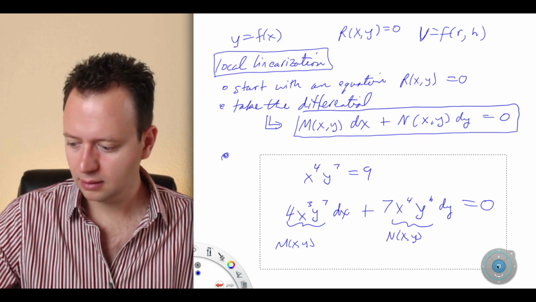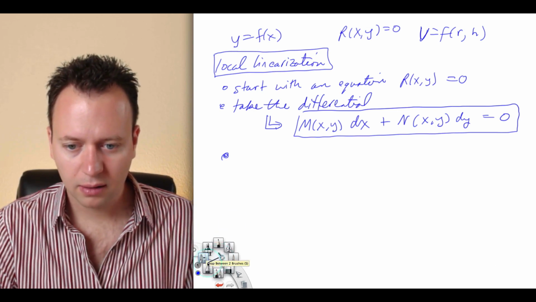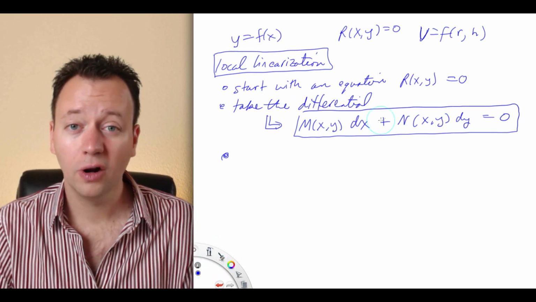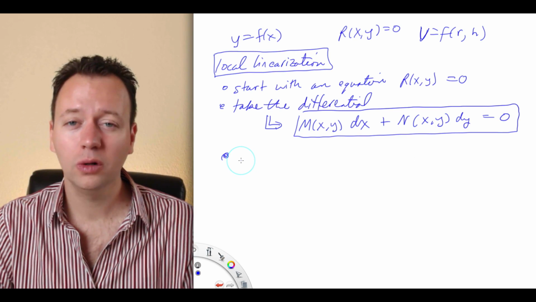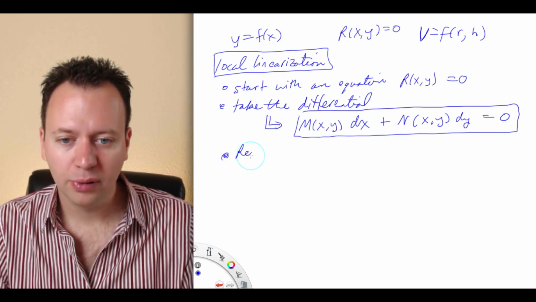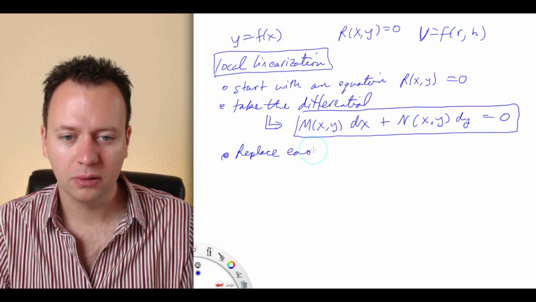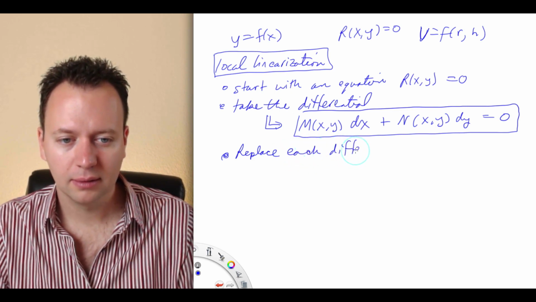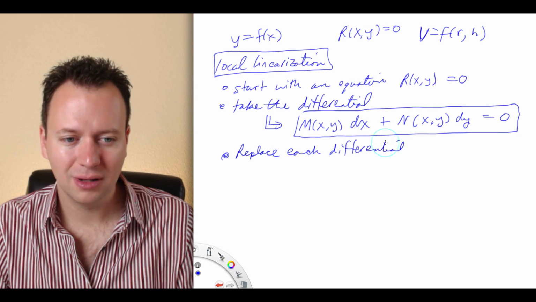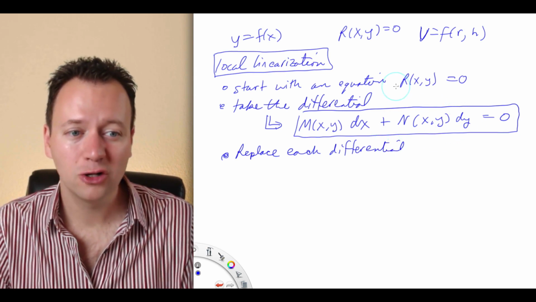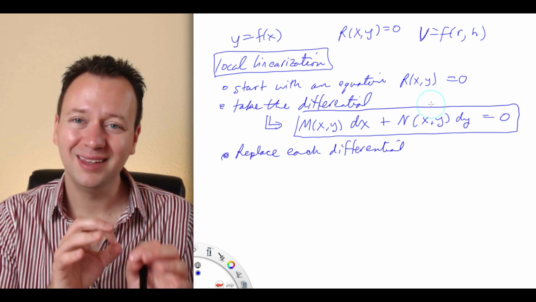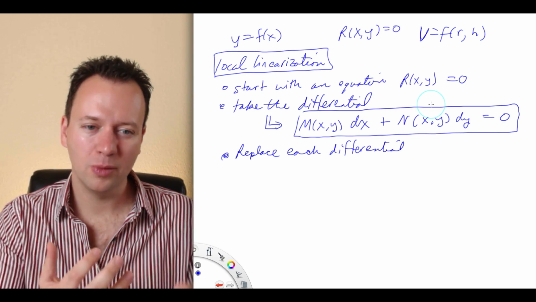So let's move that out of the way. Okay, so we take the differential. Now, to obtain the local linearization, replace each differential. This is slightly confusing. This is the differential of the entire equation, but it's kind of a nomenclature thing.